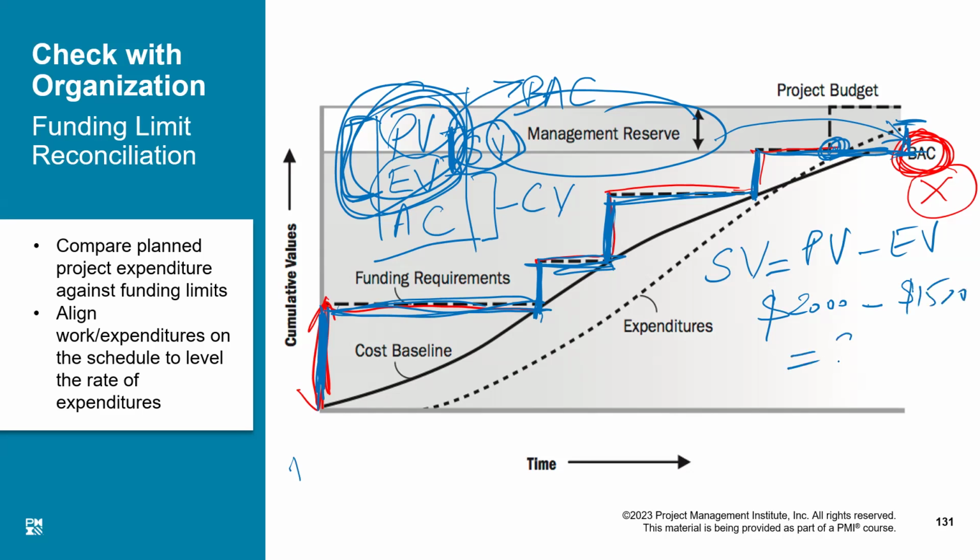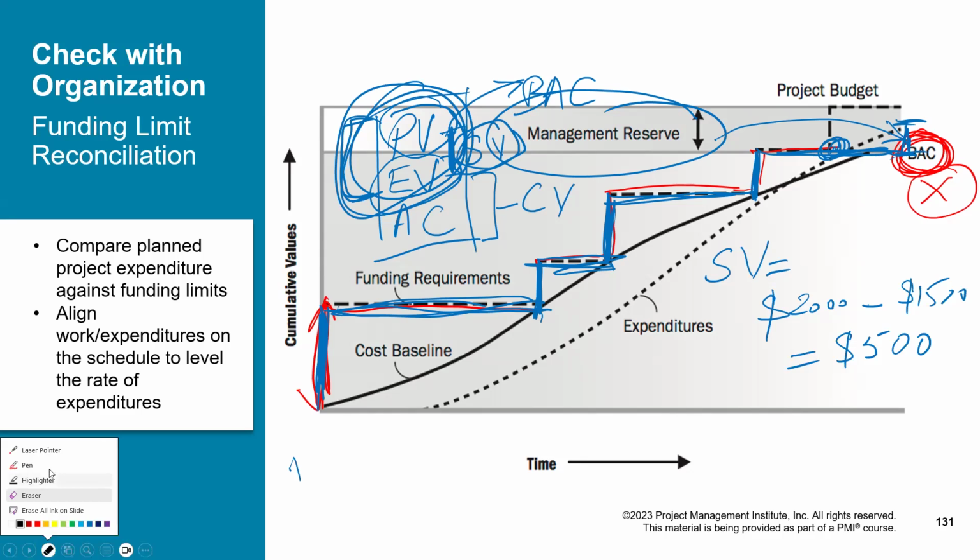That means the answer is $500, but it is positive. So, am I going well? No, it's the other way around. So the formula is wrong, and I have to correct it. It should be EV minus PV. Very nice. EV minus PV.